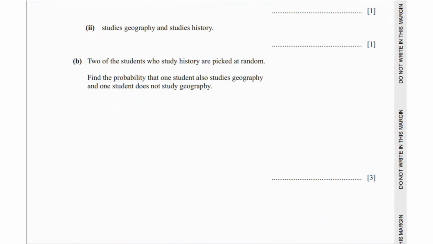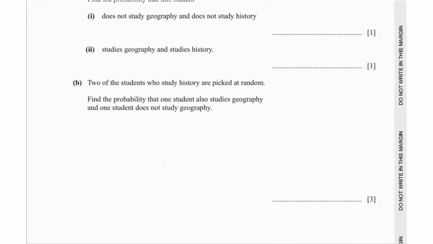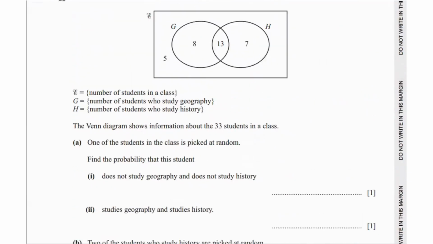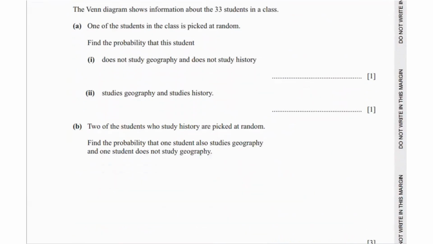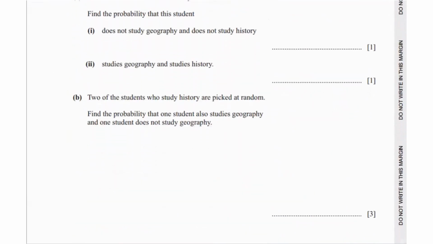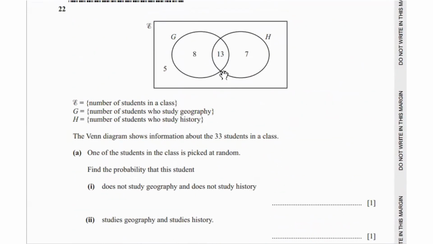Find the probability that one student also studies geography and one student does not study geography. So if one student studies geography and history, he's going to be out of this 30. And the other student studies history but not geography, then he is going to be out of this 7.